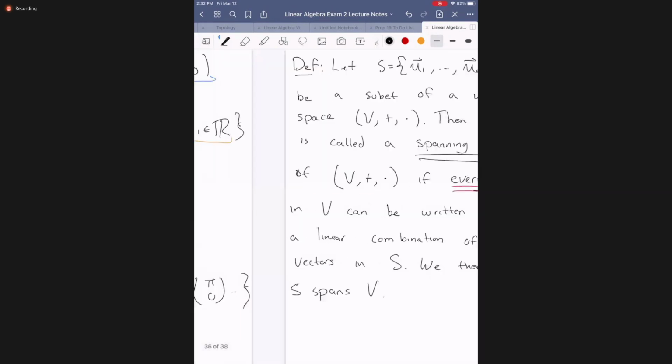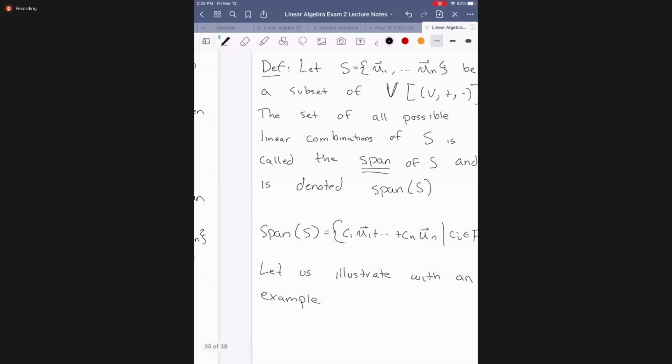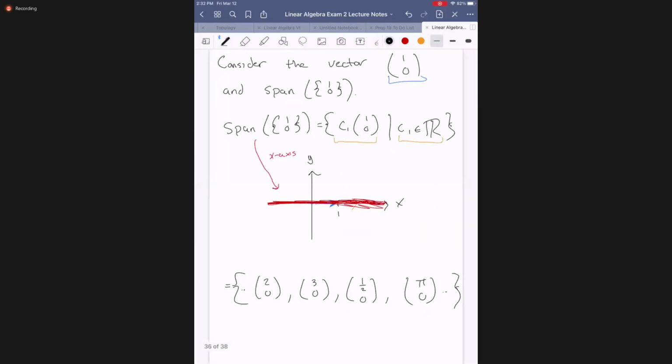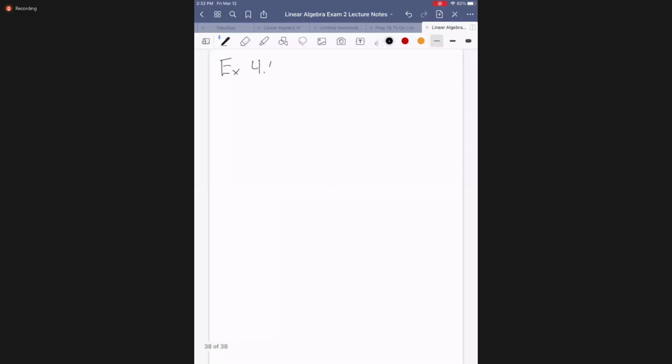But anyway, let's go back now to another example. So let's look at spanning sets now. Example 4.42.